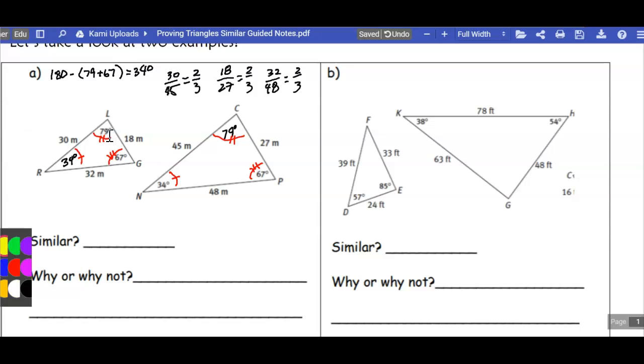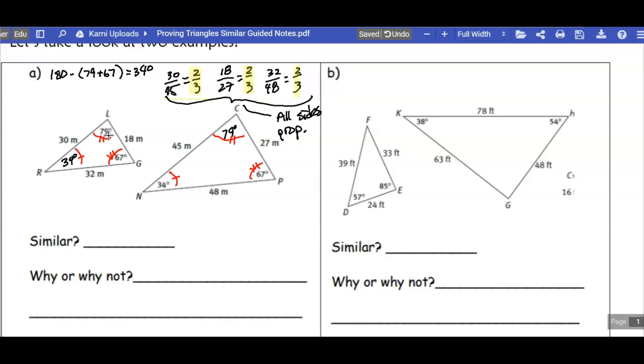So we can see here that the ratio of this pair of sides is 2/3, the ratio of this pair of sides is 2/3, and the ratio of that other pair is 2/3. What this tells me is that all sides are proportional.